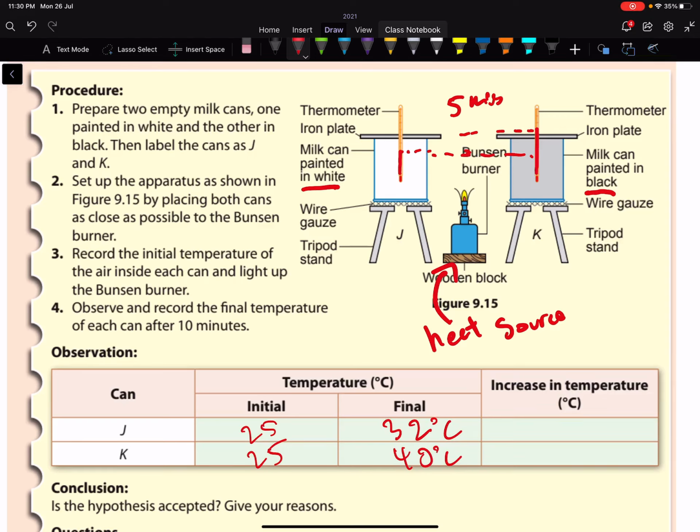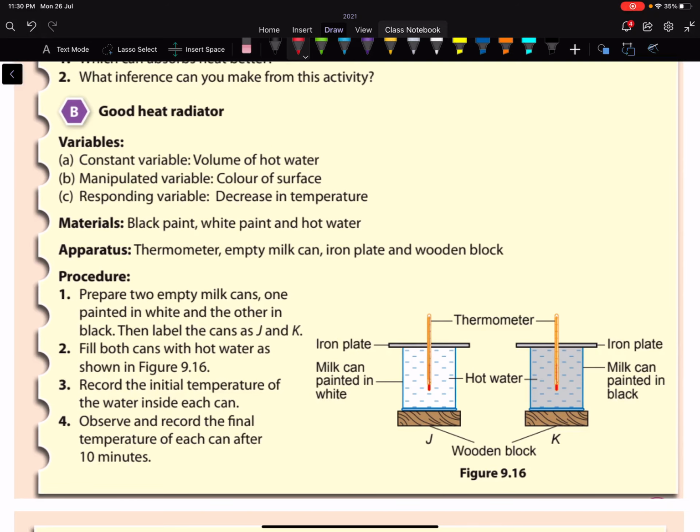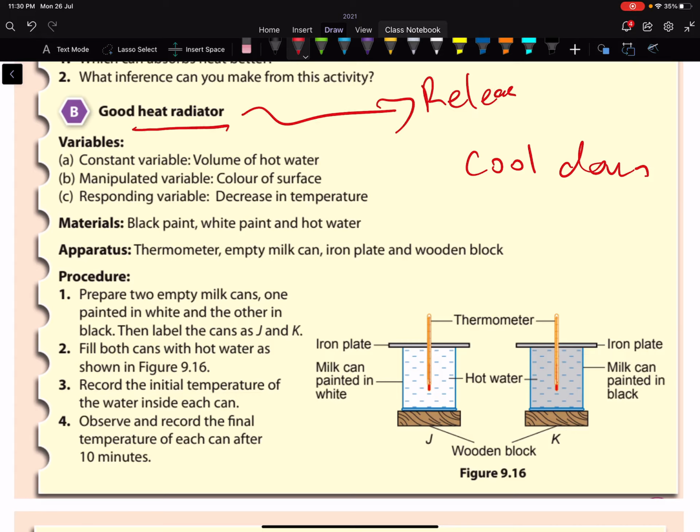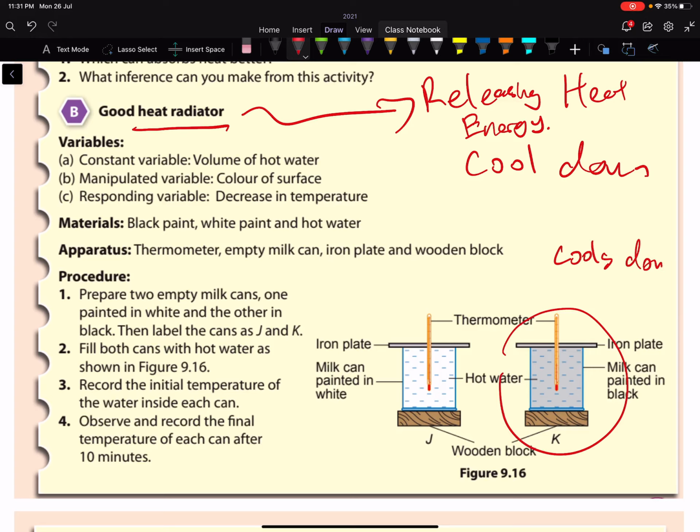Alright? Now let's talk about radiating heat. So we do the opposite situation, where instead of heating up the object, we let it cool down. So when we talk about heat radiation, we're actually talking about releasing heat energy, right? In simple terms, cooling down. So according to our theory, the black object over here will cool down faster.